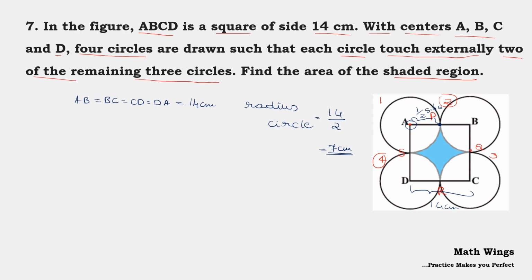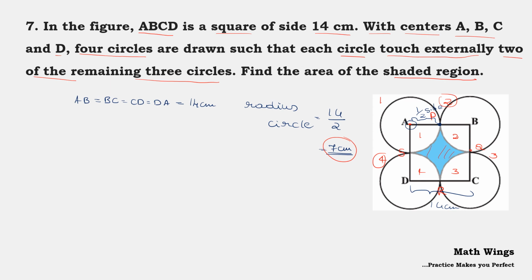How can we find the area of the shaded region here? Area of the shaded region is the remaining part of the square after taking out the quadrants 1, 2, 3 and 4. So what we can do here is take the area of the square and subtract the area of one complete circle with radius 7 cm. Why?